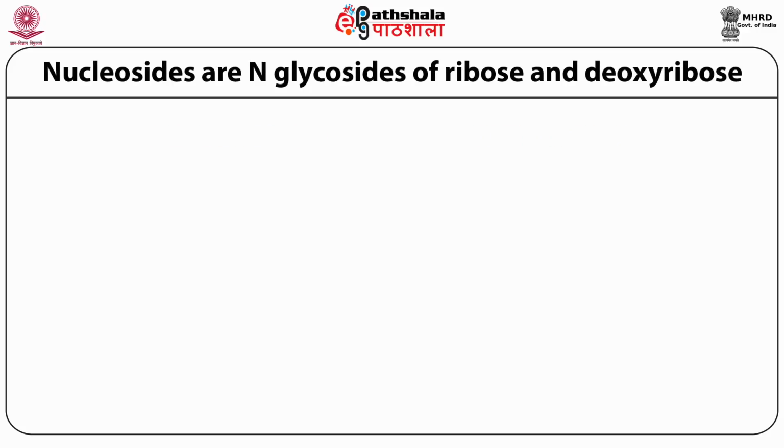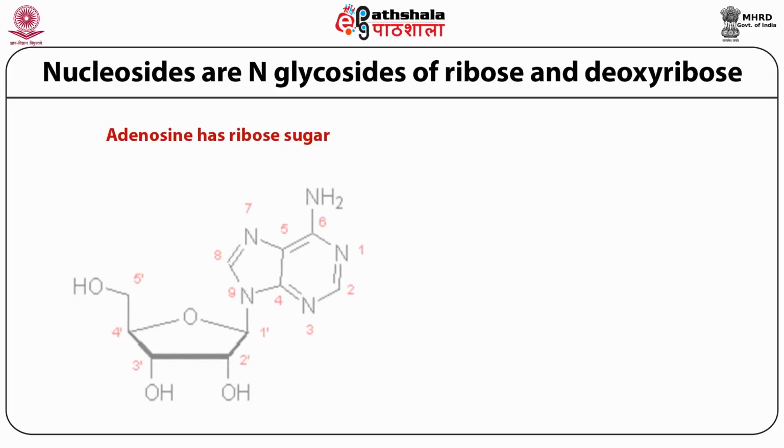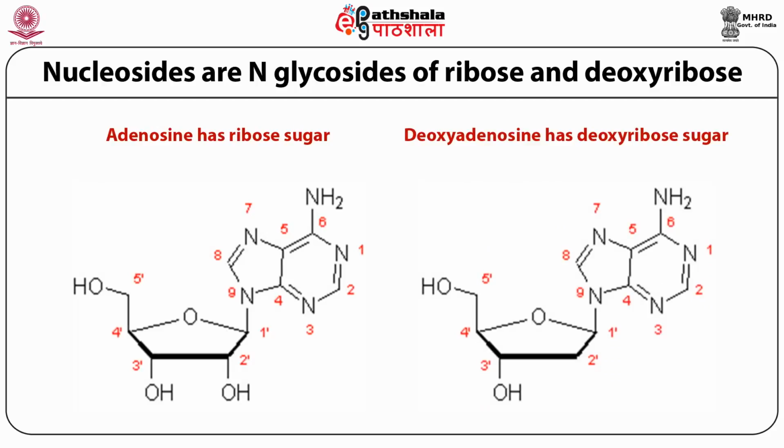What are nucleosides? Nucleosides are N-glycosides of ribose and deoxyribose. Adenosine has ribose sugar, whereas deoxyadenosine has deoxyribose sugar, and we show the difference between the two.